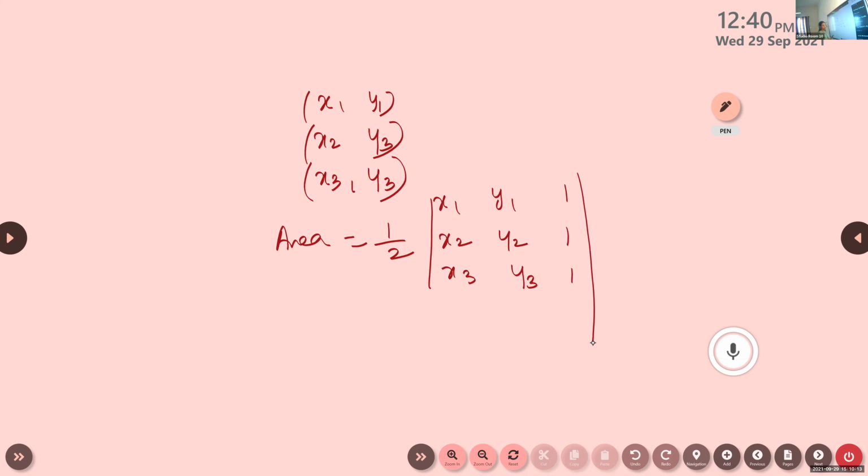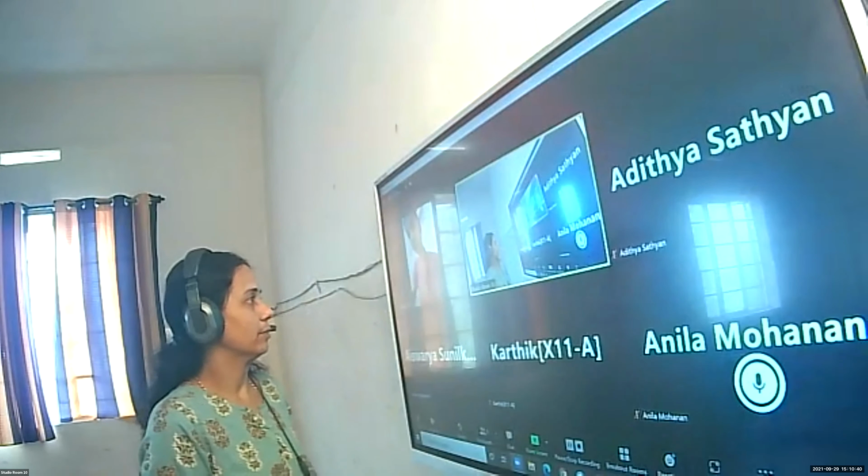From this part also you can expect many 1 mark questions. If the determinant value is negative, we will take it as positive. If the area of the triangle is 0, then we can say the given vertices are collinear.